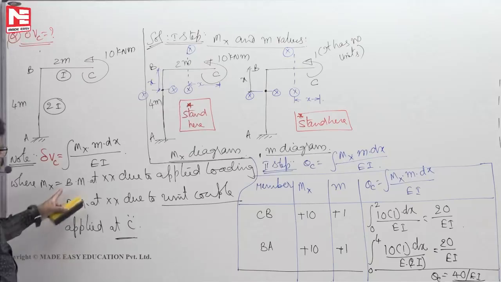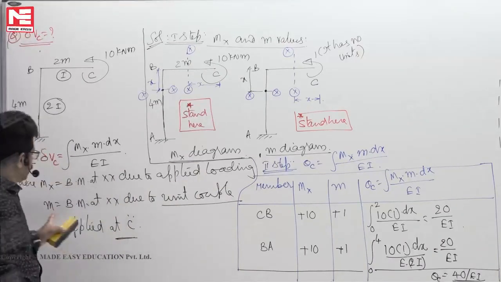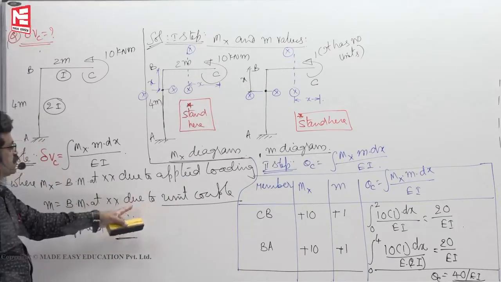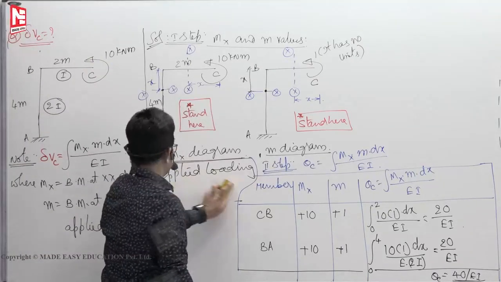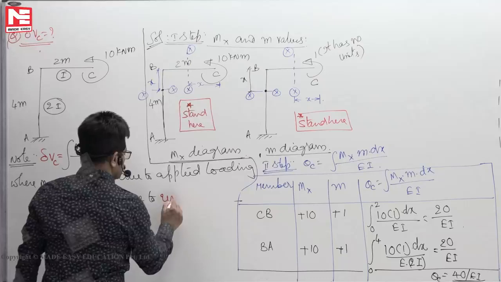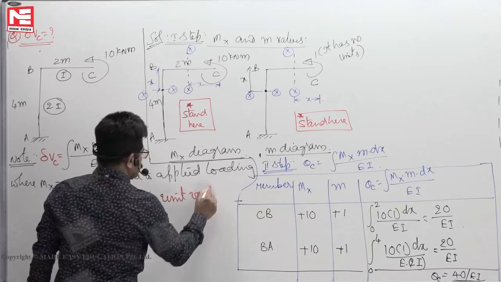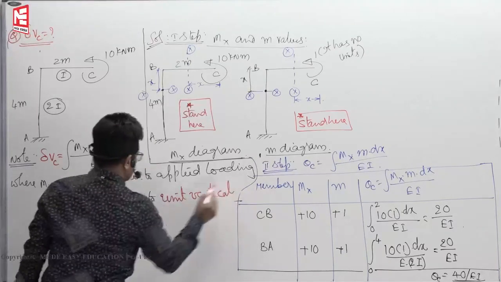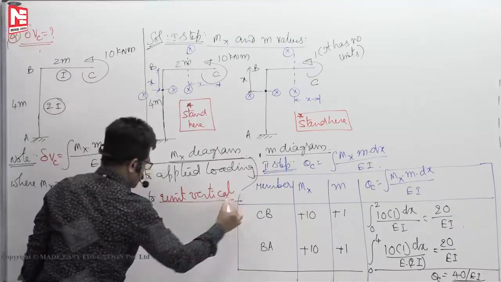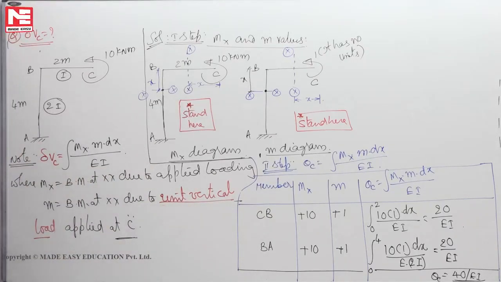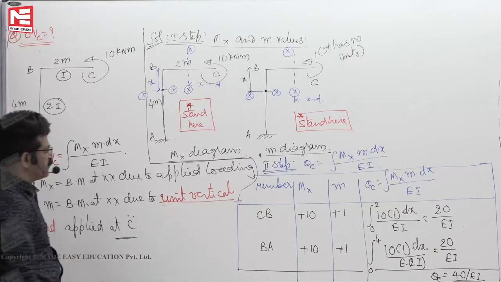Mx is same, bending moment at xx due to applied loading. M, bending moment at xx due to unit vertical load applied at C. This you have to be careful.